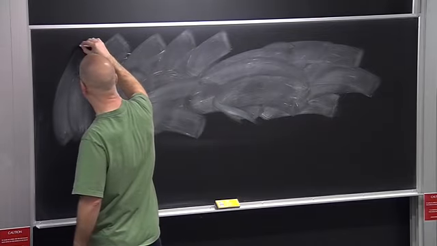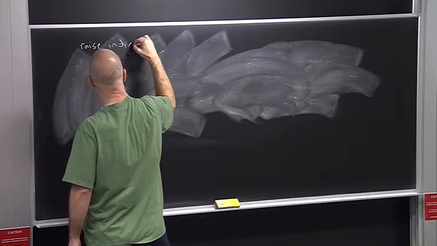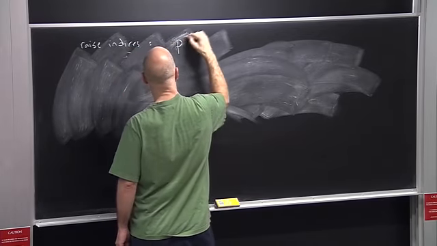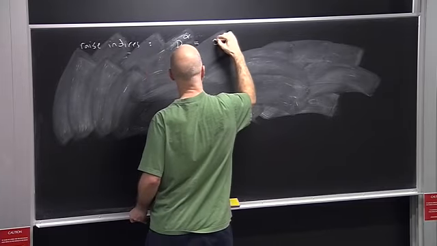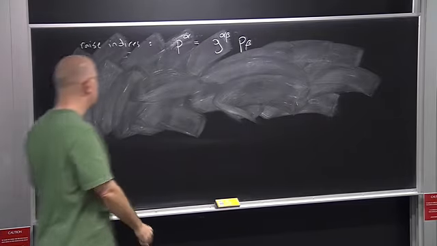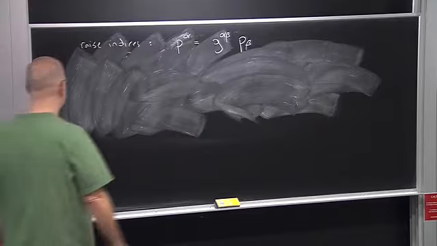You can raise indices. You can convert a dual vector into a vector by just applying the inverse metric to it. So that's called raising the indices.